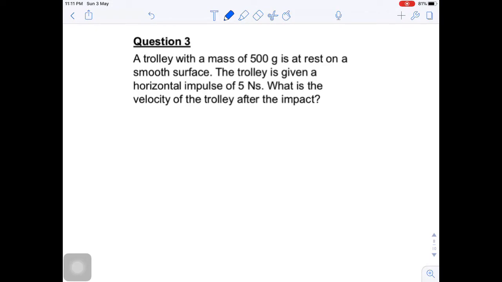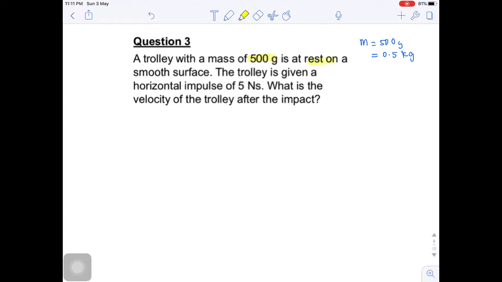A trolley with a mass of 500 gram. Mass equal to 500 gram. As usual, we have to convert into SI unit. So 500 gram equal to 0.5 kilogram. Is at rest.